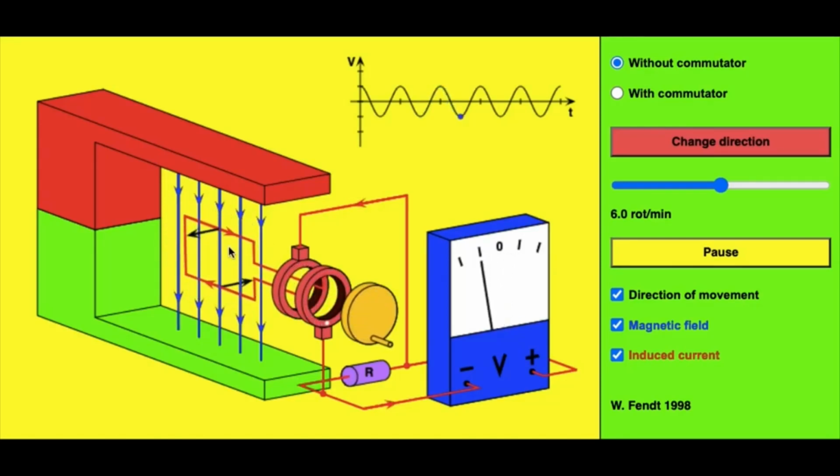So once again, we have alternating current in the internal circuit, which is now converted into alternating current in the external circuit, and we can see that here by seeing that the current ranges from 0 to a maximum, back to 0, and then changes direction to a negative maximum before returning to 0.